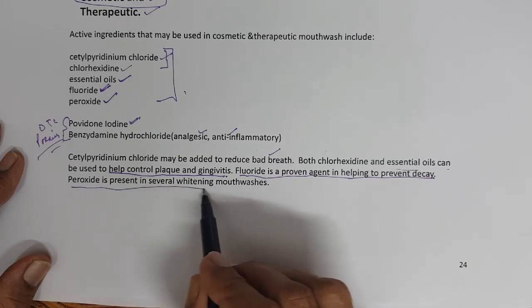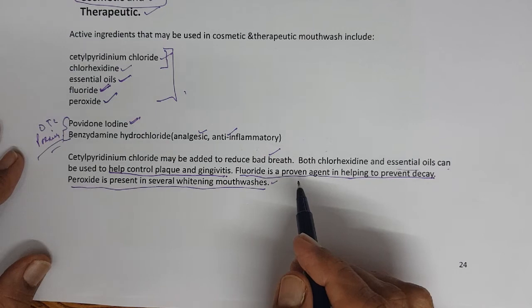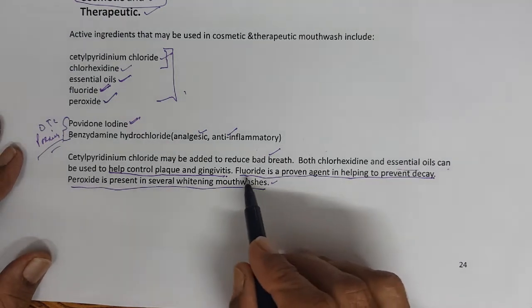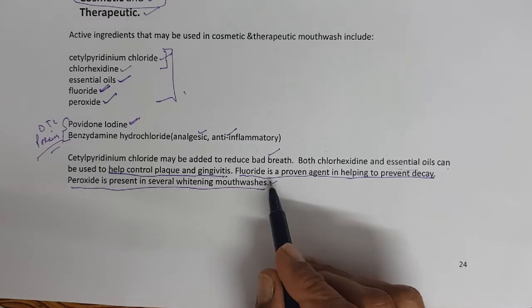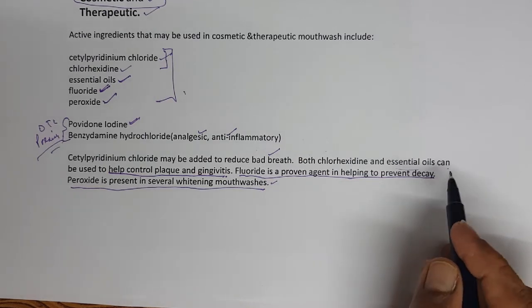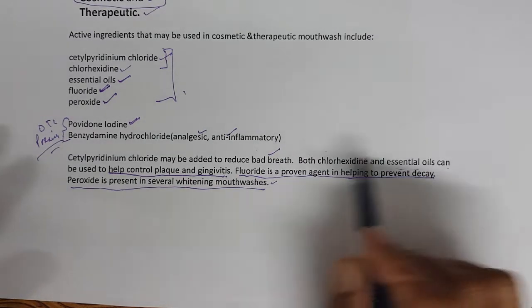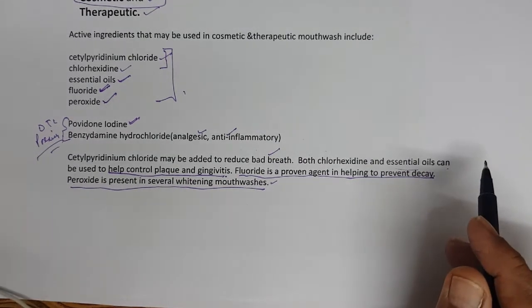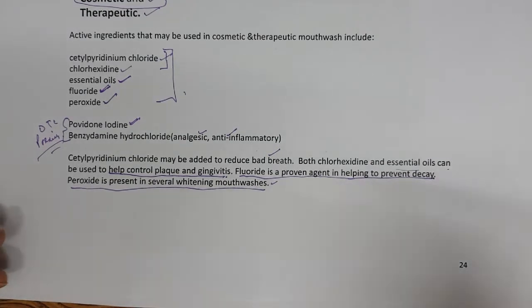Peroxides are present in several teeth whitening mouthwashes. All these actives, and the mechanism of action of fluoride in preventing decay, I have explained fully in part 32. If you want to find out how these actives work, you can go to part 32 for further details.